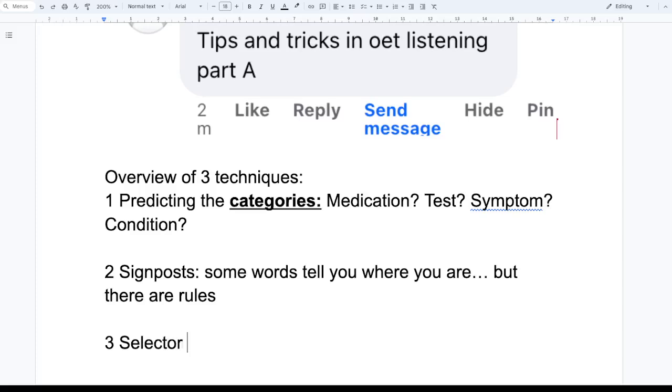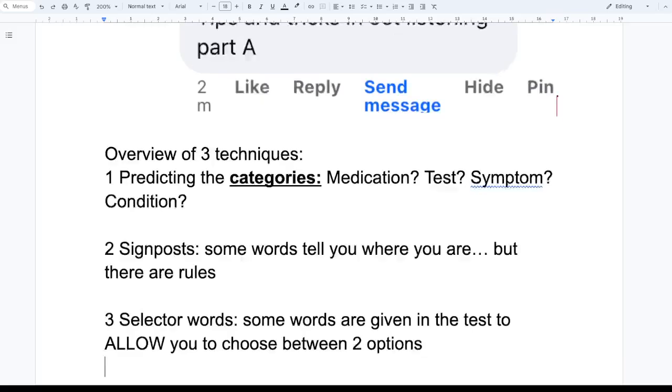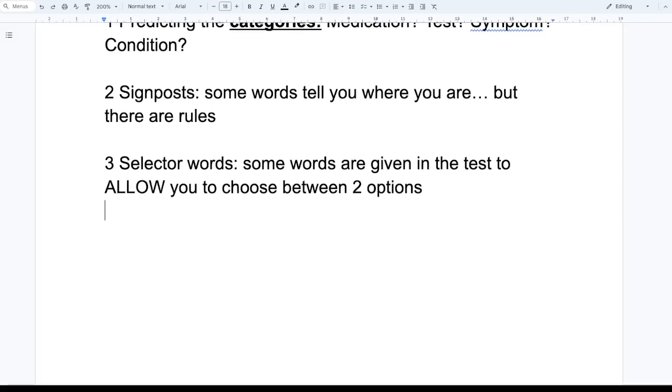Selector words. Some words are given in the test to allow you to choose between 2 options. Okay? Let me give you an example of this.